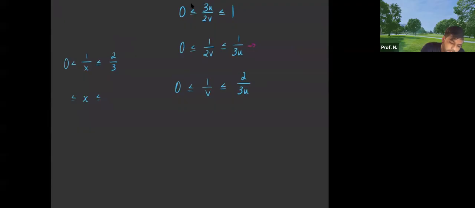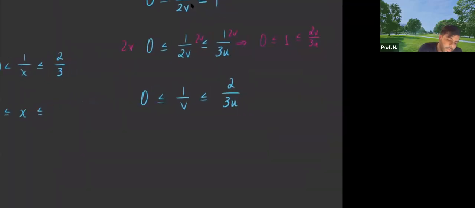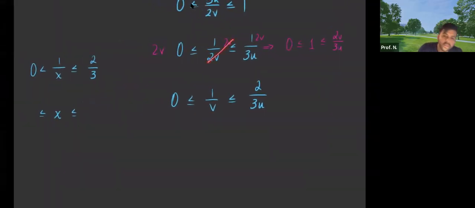I get 0 is less than or equal to 1, which is less than or equal to 2v over 3u, right? If I multiply everything by 2v.